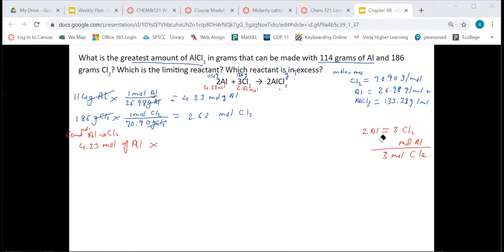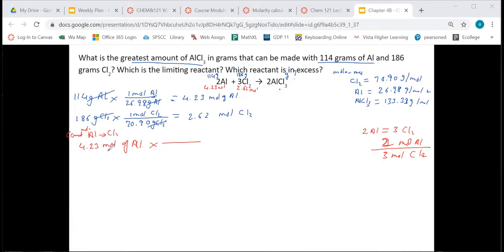So which way are we going to use in this case? To convert to chlorine, which one do I put on the top? 3 mole of chlorine or 2 mole of aluminum? Which one? We're converting aluminum to chlorine, so it would be chlorine on top, but why? Because we are trying to figure out if we use this much mole of aluminum, how many moles of chlorine will be formed?